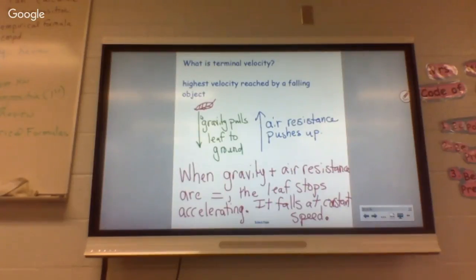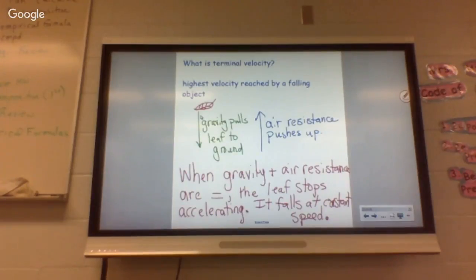So if you jump out of an airplane, you're going to accelerate and accelerate until you reach terminal velocity. Once you reach terminal velocity, you don't stop moving until you hit the ground. And then it's too late. But once you reach terminal velocity, you're at your maximum speed. You can't fall any faster.